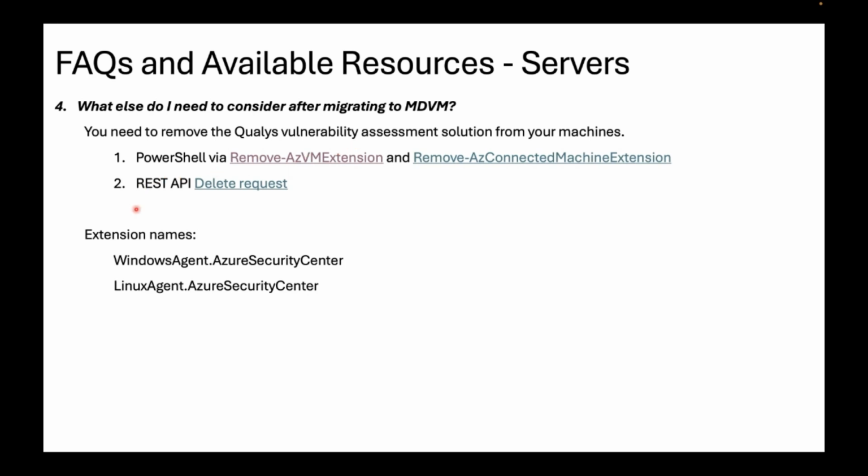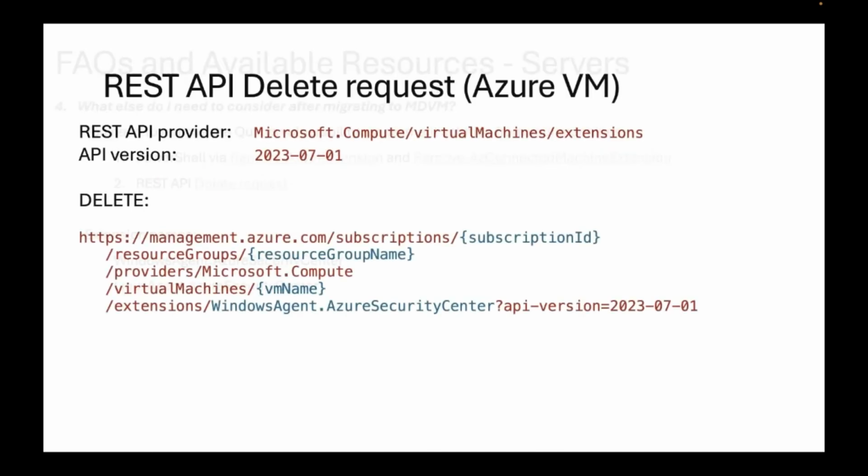Or you go the REST API route, which allows you to delete that extension as well. For REST API, it looks a little bit more complex, but in the end, it's exactly what PowerShell will do, because under the hood, PowerShell will basically talk to the REST API provider. And the REST API provider in this case is Microsoft.Compute/virtualMachines/extensions.